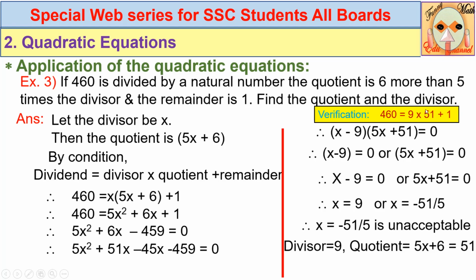So in this way that condition is satisfied here. You know that 9 into 51 is 459 and plus 1 you get 460. So in this way the answer is correct by our verification rule, and you can verify every quadratic equation in such a method.